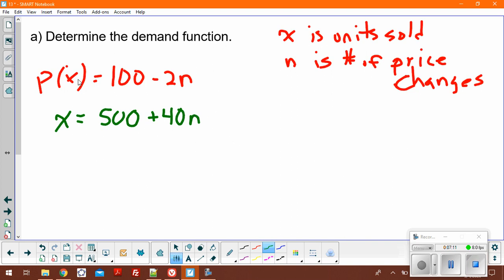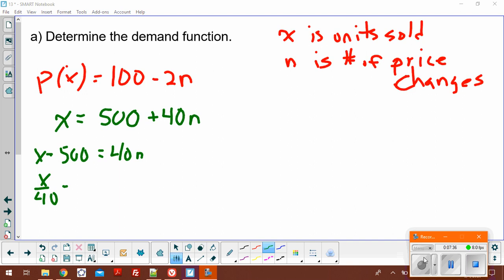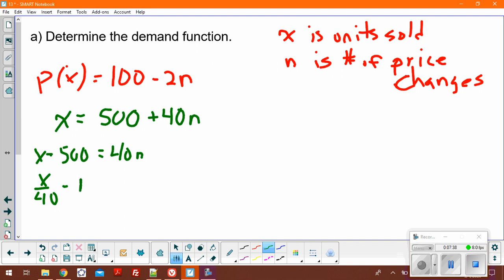So in order to create P of x, I'm just going to rearrange this to solve it for n, and then pop it back into this expression, and we're pretty much good. So bring over 500. Divide both of those by 40. So I have x over 40 minus 12.5 is equal to n.